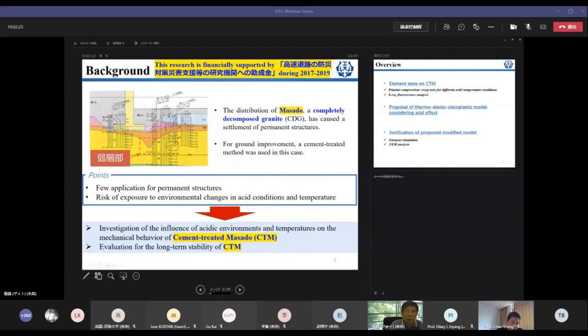And here in Japan, we call it Masado. The problem is that the Masado looks like a strong material, but is very weak. You can even compress it with your thumb to deform the soil. It's really a soil, not rock.